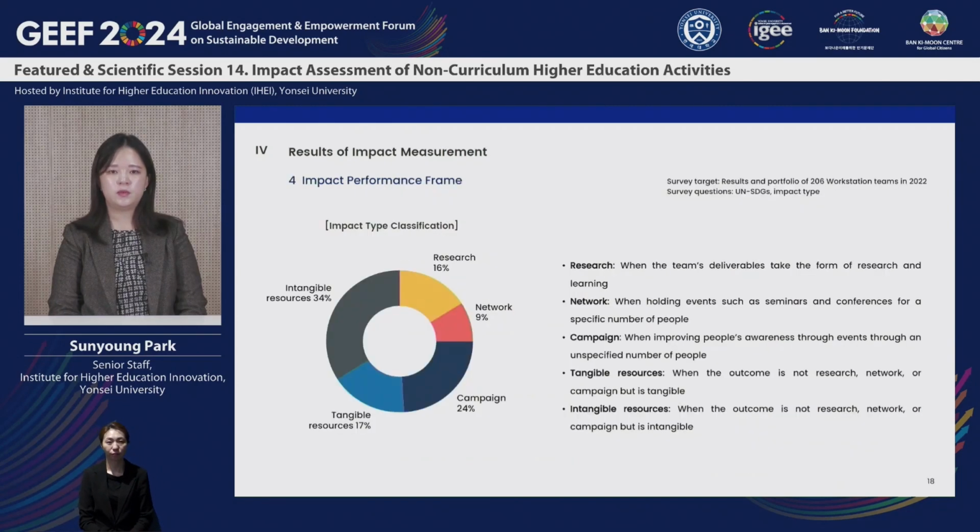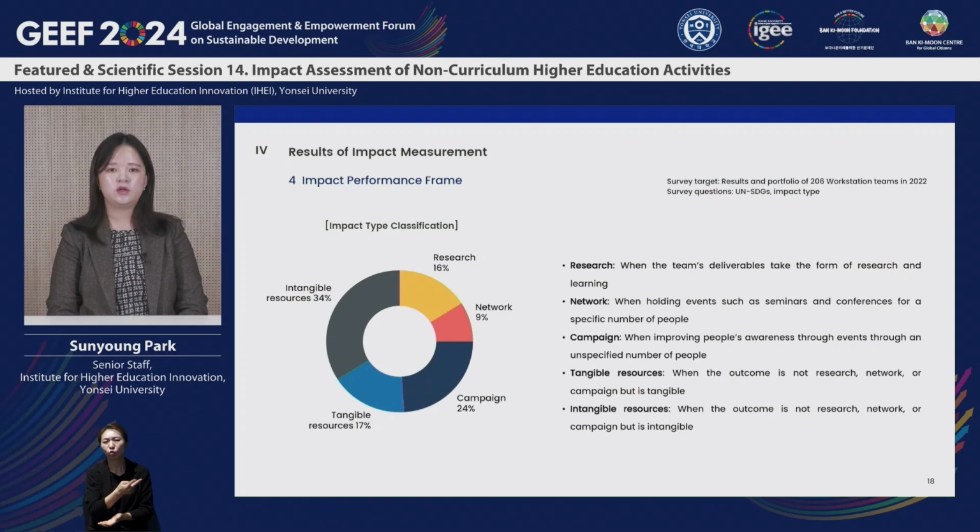Finally, to measure the social impact of the workstation, we analyzed the results and portfolios of 206 teams that participated in the workstation program over the course of 2022. Through this analysis, we classified the students' outputs into 5 types: research, networking, and dissemination campaigns, as well as intangible and tangible resources.